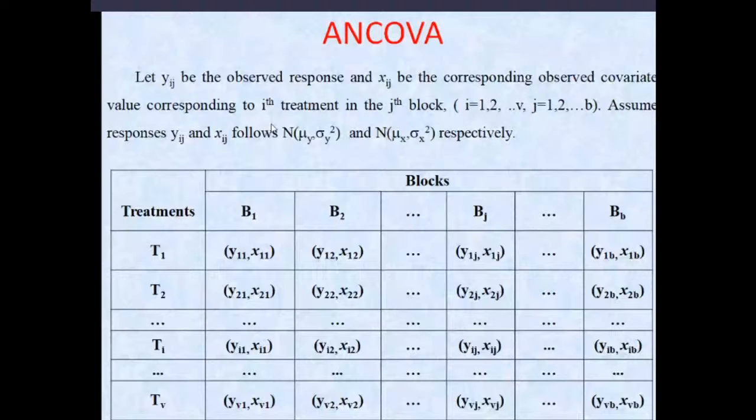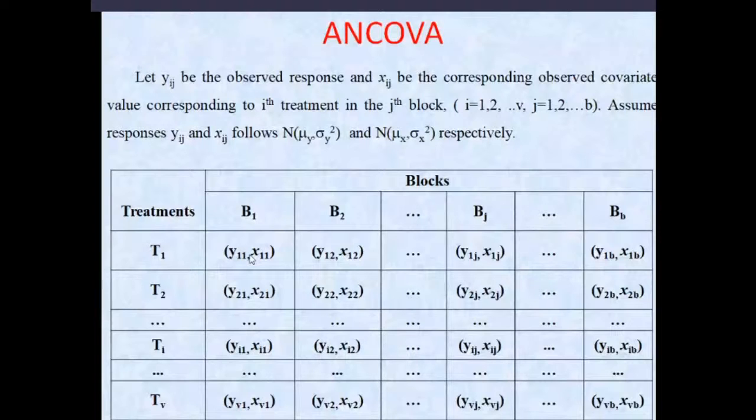And assume the responses Yij and Xij follow the normal distribution. Yij has mean mu y and variance sigma y square, and similarly Xij follows a normal distribution with mean mu x and variance sigma x square. And these values I'm trying to express in tabular form like this.